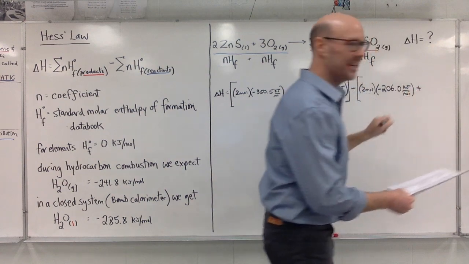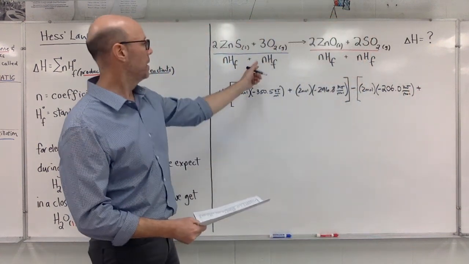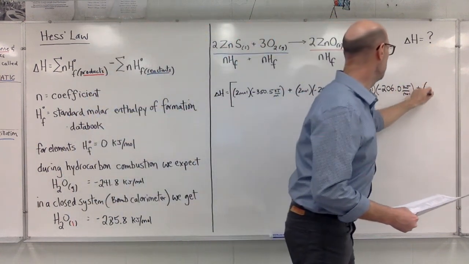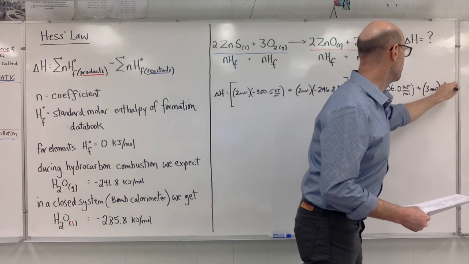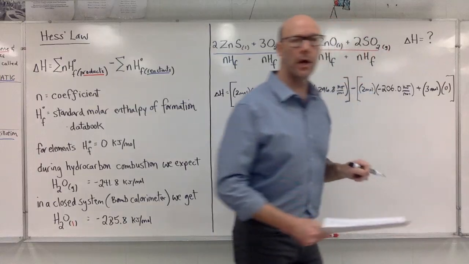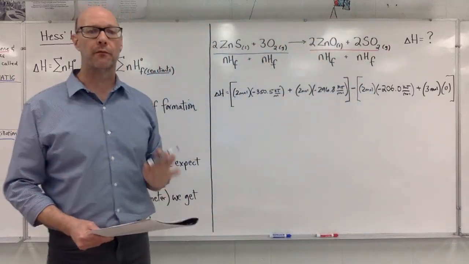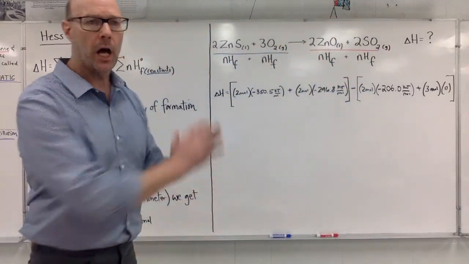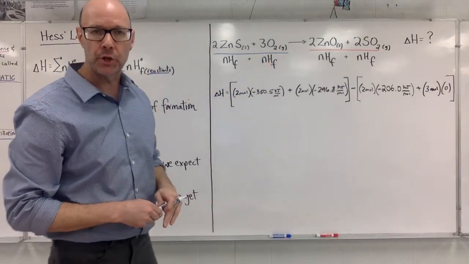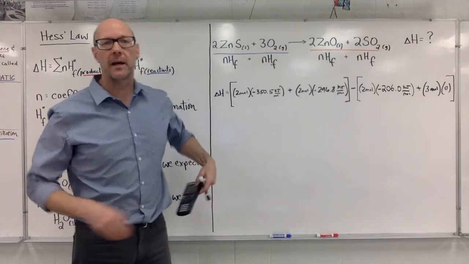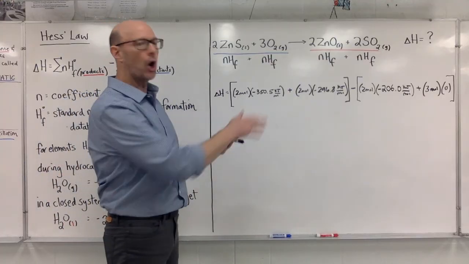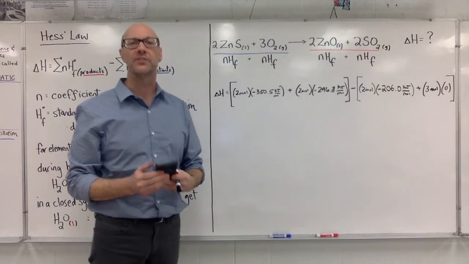And I add the oxygen balanced with a 3, but then a 0 for the molar enthalpy of formation. It takes a bit of space to write all that down, but the good news is, if I'm careful with my calculator, I can punch it all in one step.